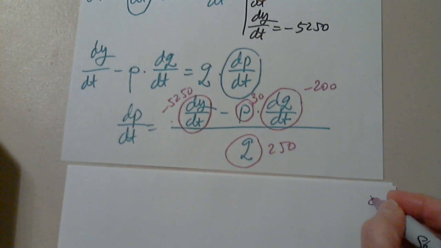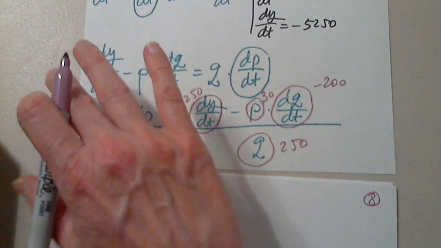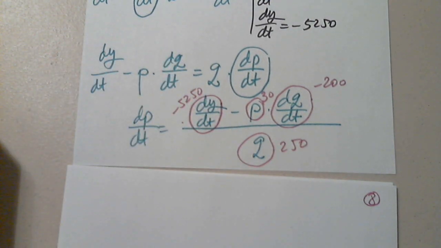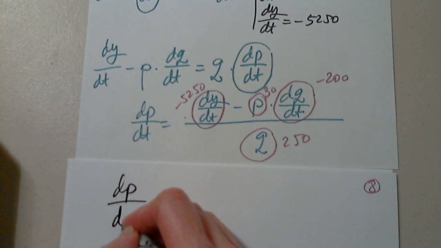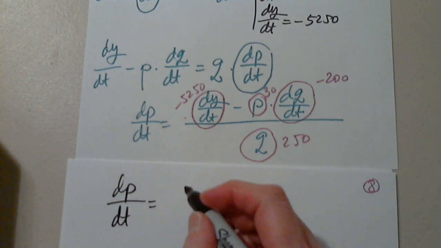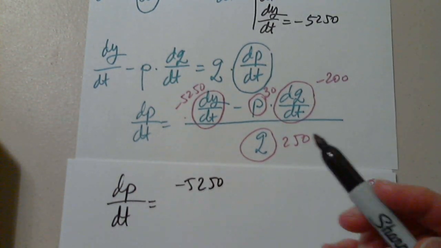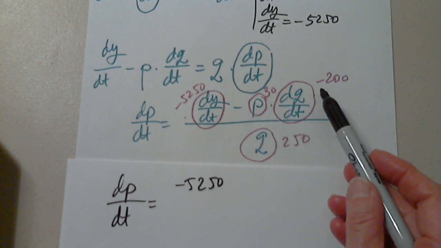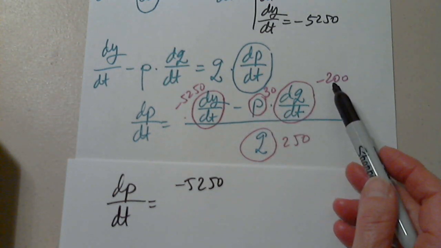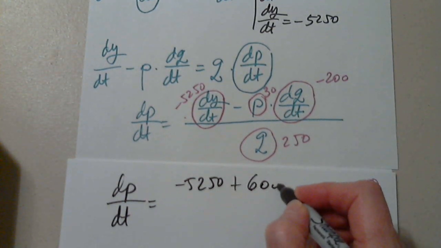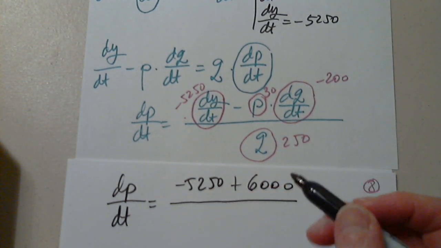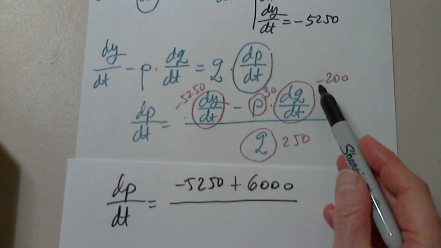And that's it. So let's see what we have. So dp over dt equals negative 5250, minus negative 30 times negative 200. So 6 and 3 zeros, but with plus, because I have a negative and another negative.